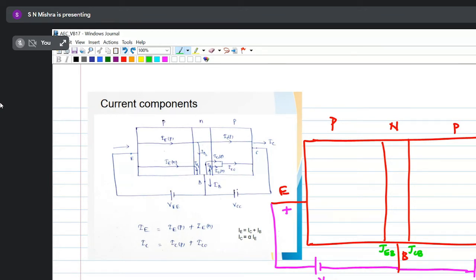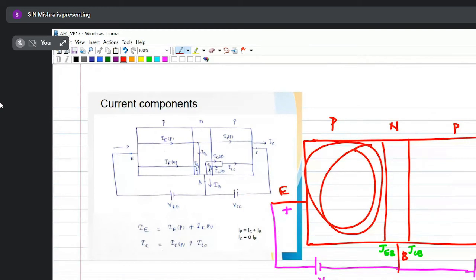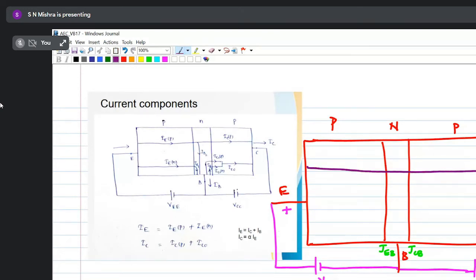Okay. Once I do that, then we'll go for the carrier movement. Now, in this area of the emitter, I'll find holes as majority and electrons as minority carriers. Now holes will transfer from emitter to collector. The movement of holes is like this. Yes or no? Yes, sir.